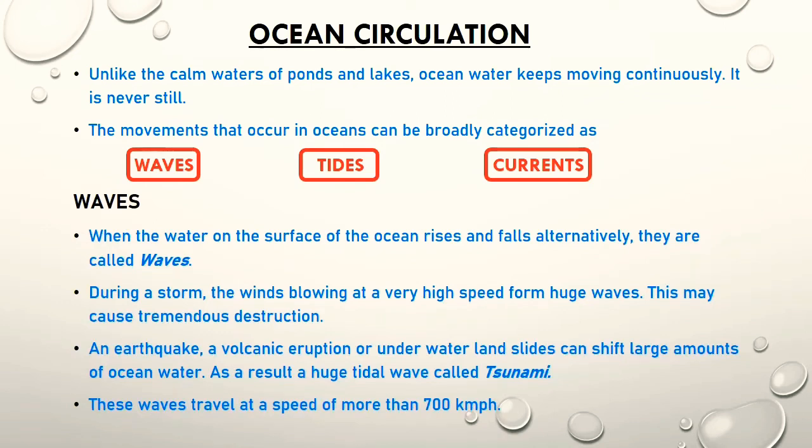First, see waves. I think all of you know what waves are. When the water on the surface of the ocean rises and then falls alternately, they are called waves.